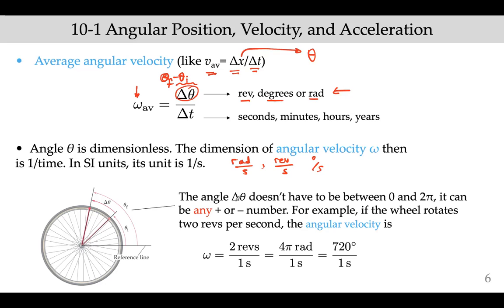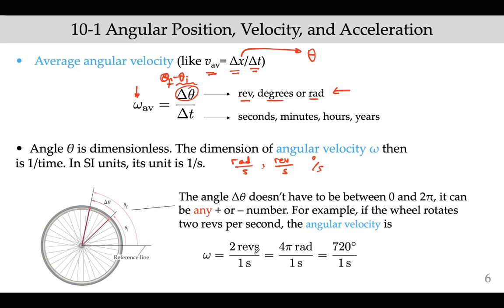Here, the angle delta theta doesn't have to be between 0 and 2 pi. It can be any positive or negative number. For example, if the wheel rotates 2 revs per second, then we can calculate the angular velocity like this. 2 revs means it makes 2 full rotations.